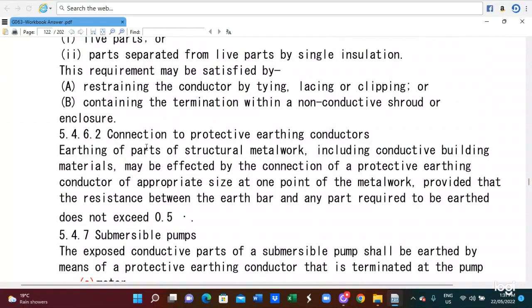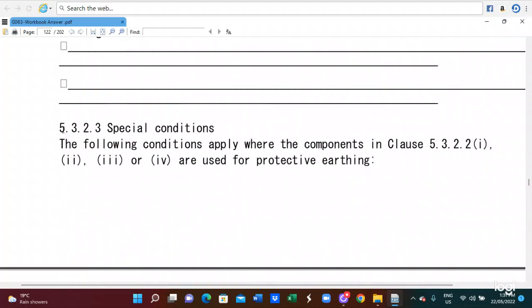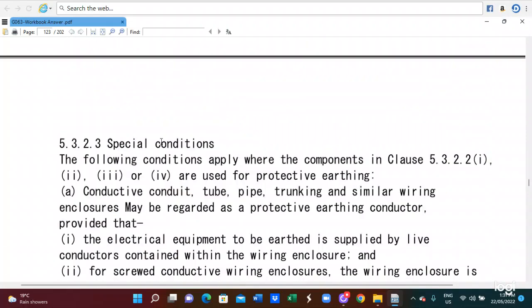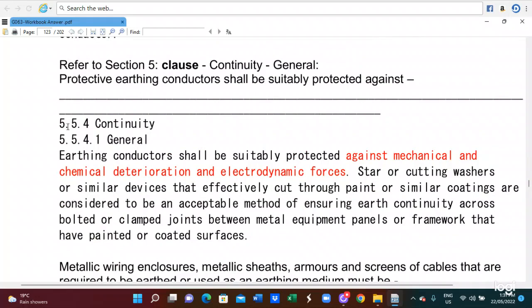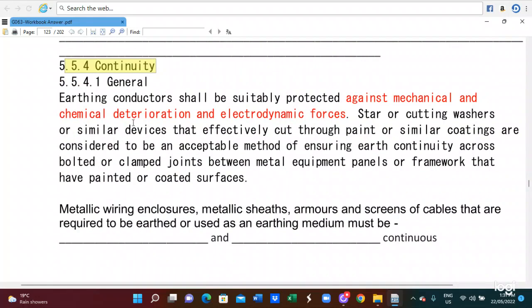And also 5.4.6.2 is the connection to protective earthing conductor. 5.4.7 is a submersible pump. 5.3.2.3 is a special condition; you can read it. And 5.4 is the continuity. So this is that the earth shall be suitably protected against mechanical and chemical deterioration and electrodynamic effects. So this is about the continuity system.